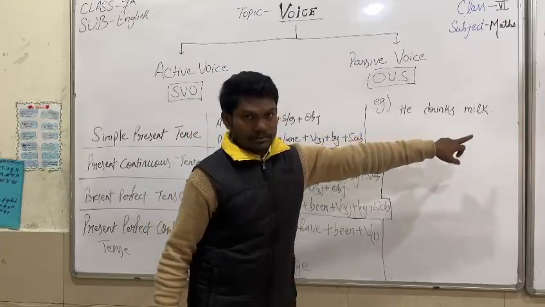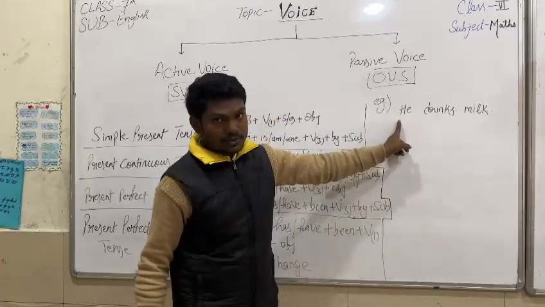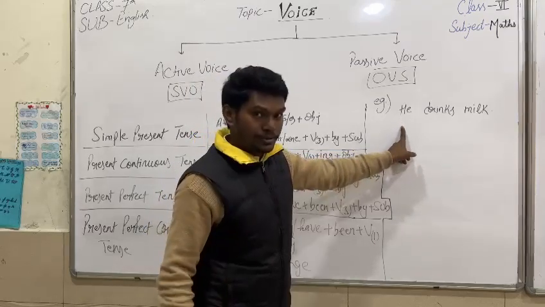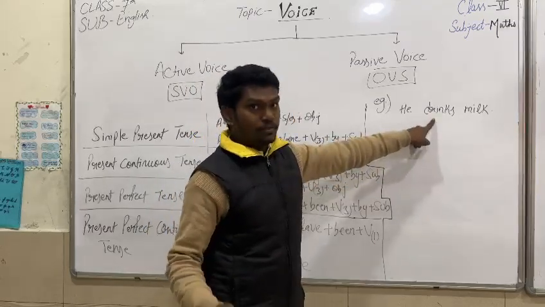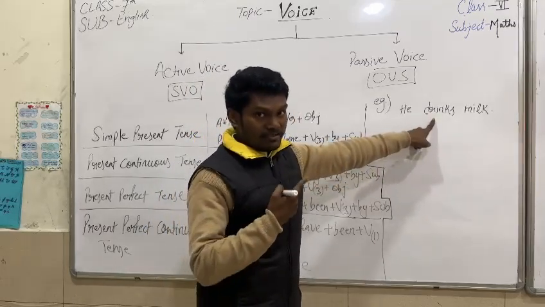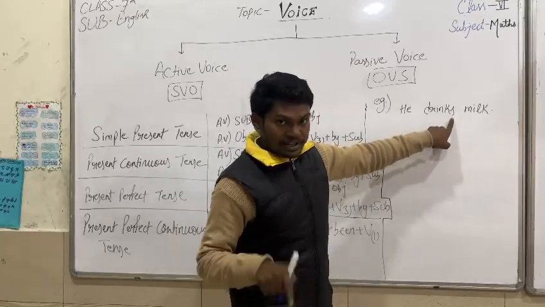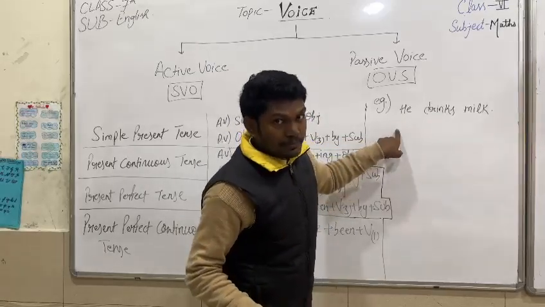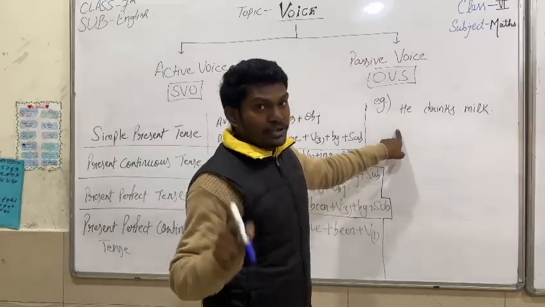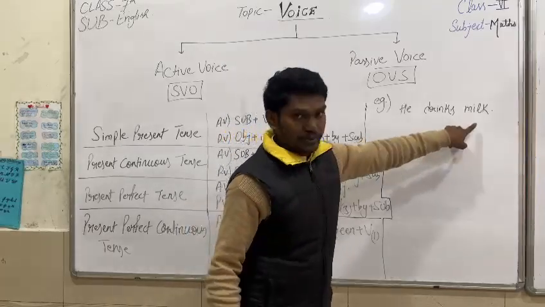He drinks milk. Here he is the subject, which is third person singular. Drink is the main verb, and as you can see on the board, there is S with the main verb. It is because he is third person singular.